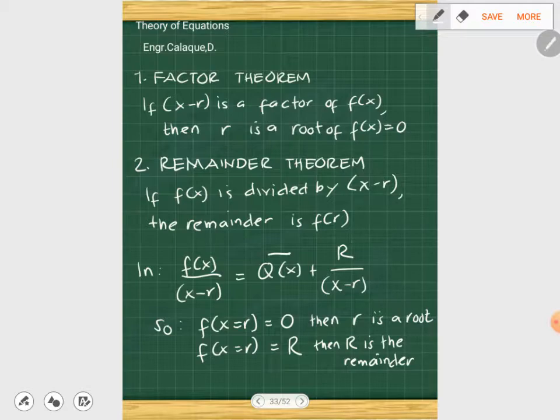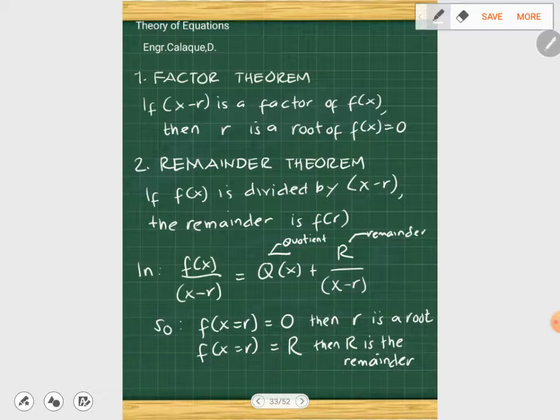Ito yung remainder. Then, ito yung quotient, plus remainder divided by x minus r.